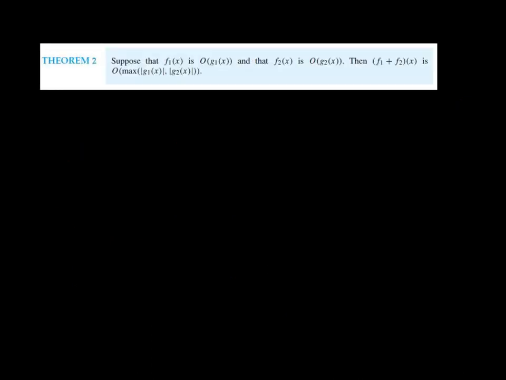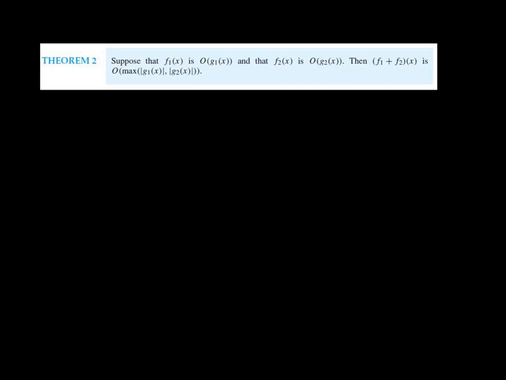There's also this theorem, which gives us a way to give a big O estimate of the sum of two different functions. At first I was going to do a proof of this, but the proof in the book is actually pretty good.